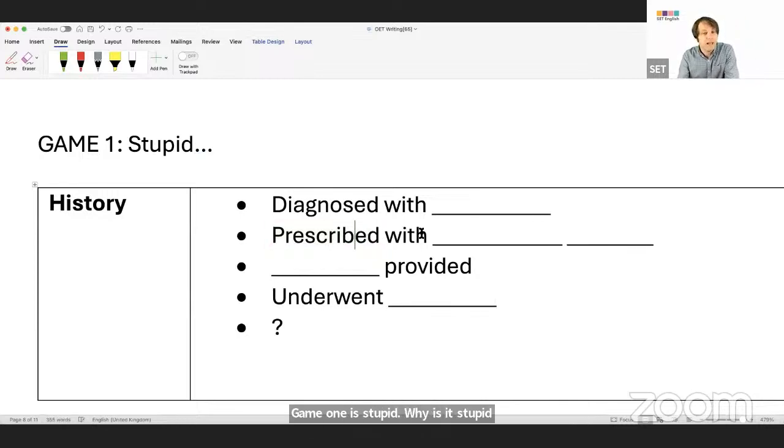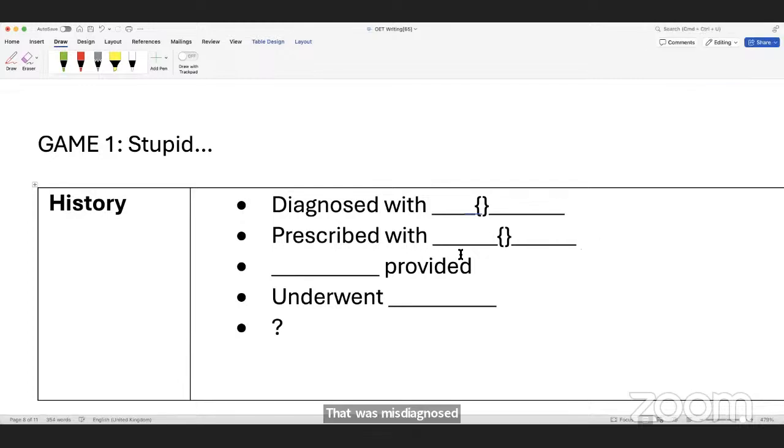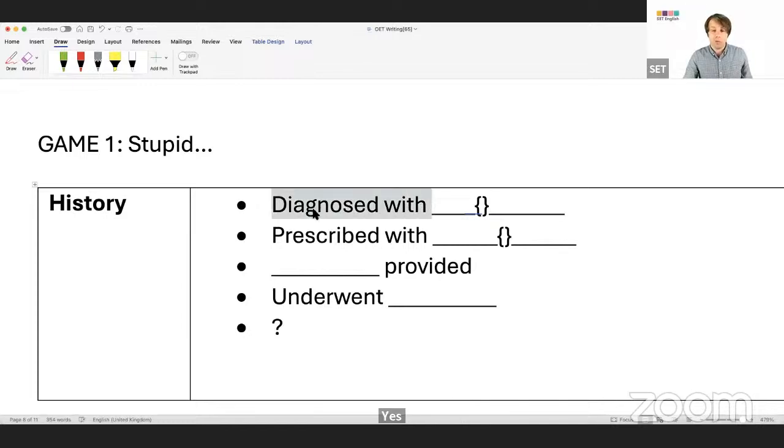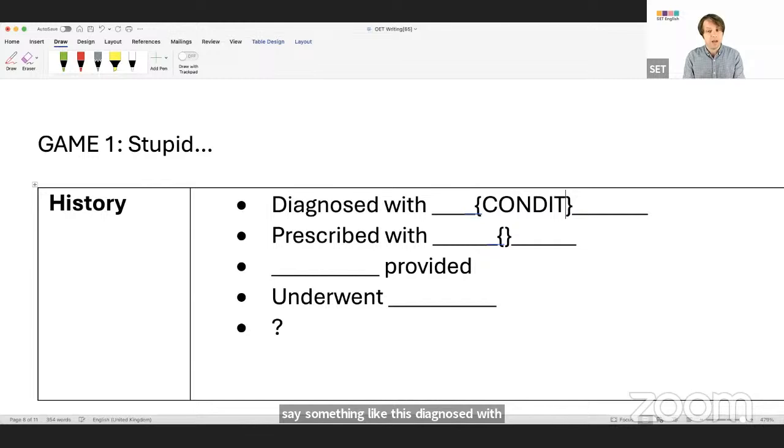The words help us to know already what we need to write down. And this is what I call the category. If you didn't have these words, you wouldn't be able to know what's actually important. So if I say diagnosed with, now we can all say this would be some kind of condition, right?